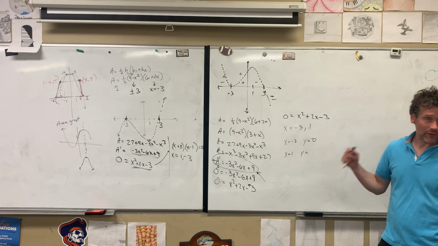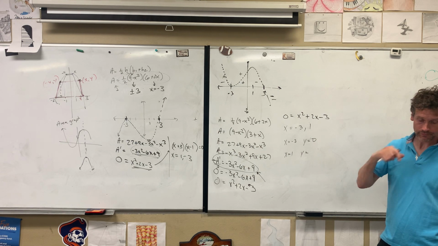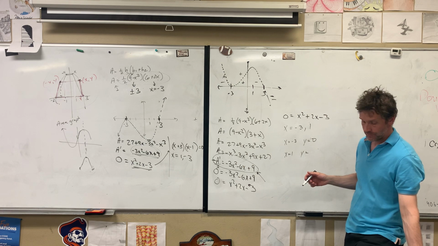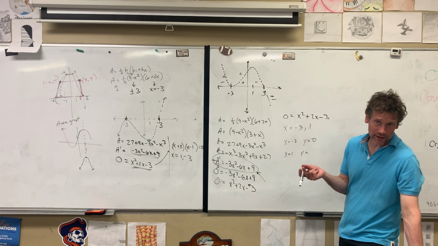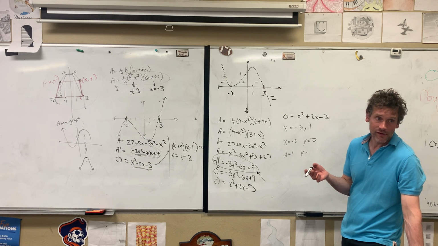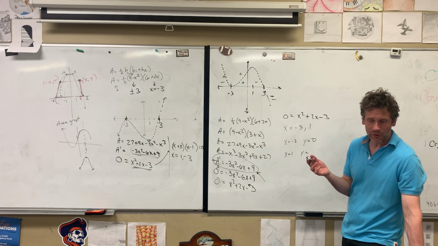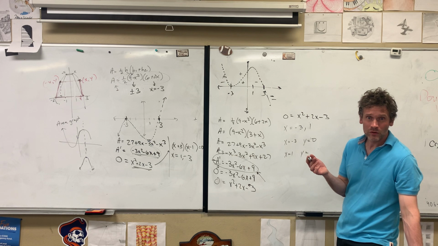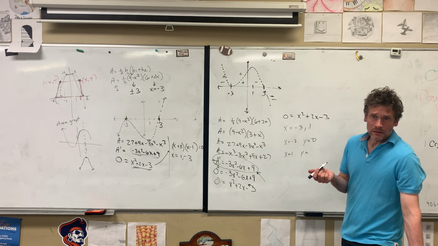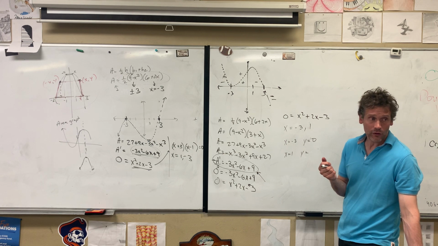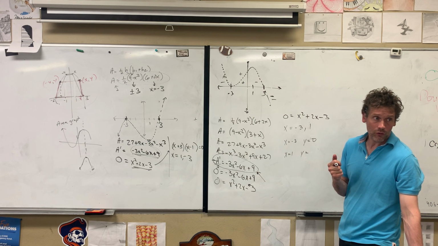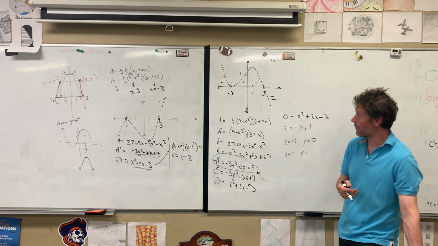What do you get out for y when you plug in 1? You have two equations to plug into. You could either plug into the derivative or you could plug into the area one. Which one would we plug into? The area one? Absolutely the area one, because what are we looking for? We're looking for the local max. So what happens when you plug in 1?